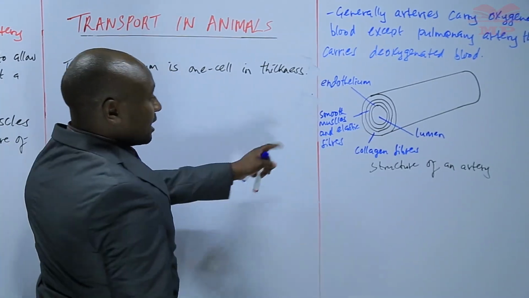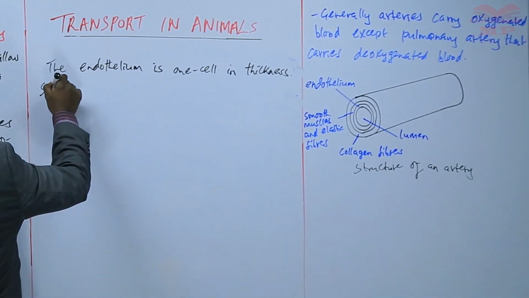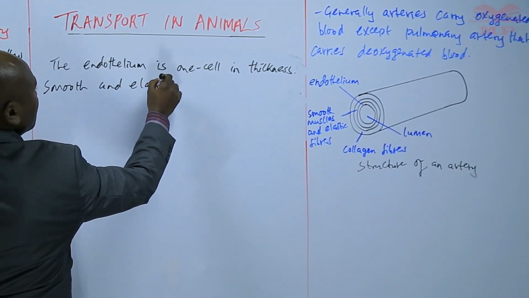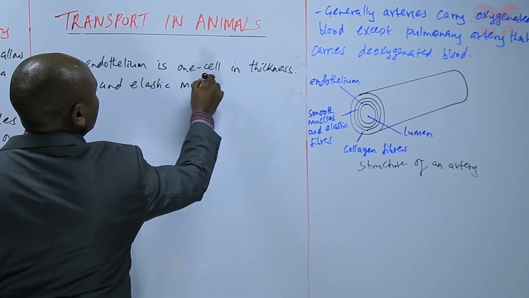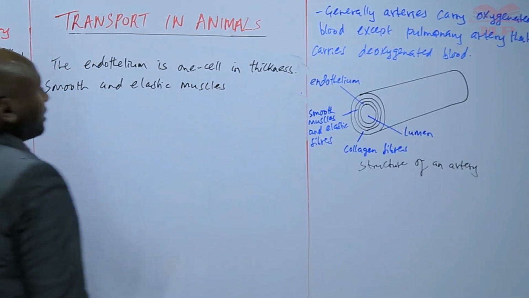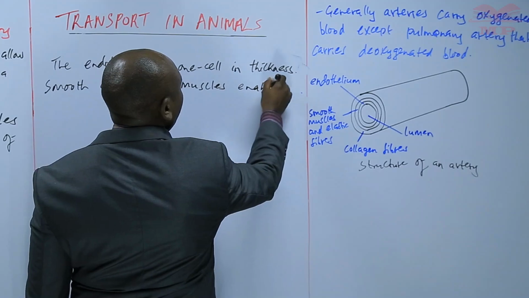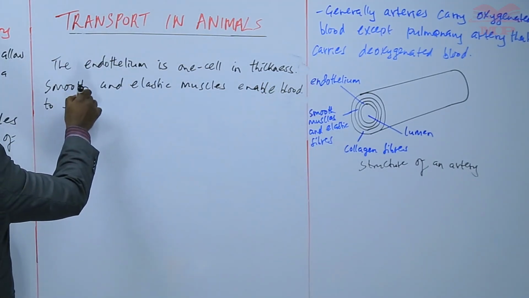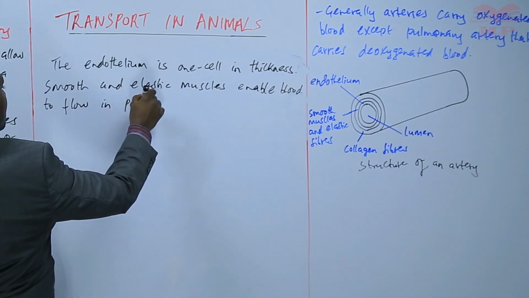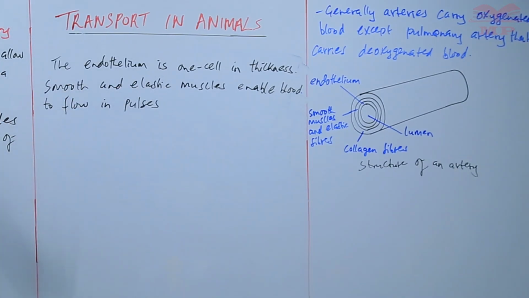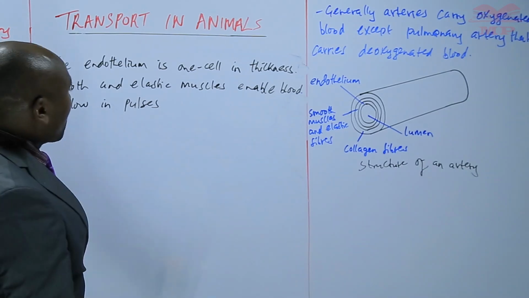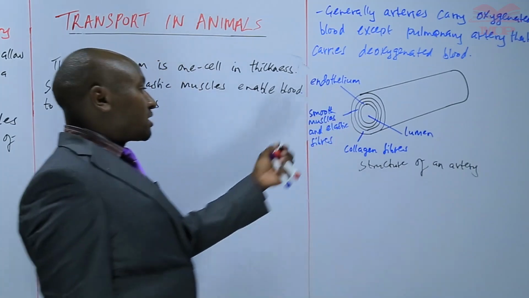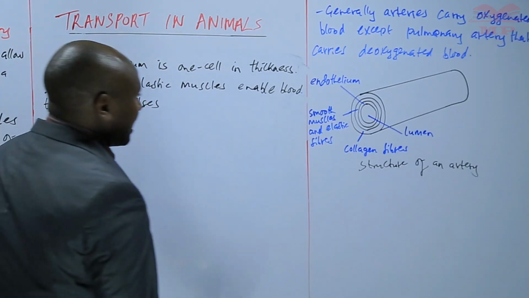The smooth muscles and elastic fibers enable blood to flow in pulses. So what is known as pulsation movement. So the blood moves in pulses because these muscles are contracting and relaxing because they are elastic.